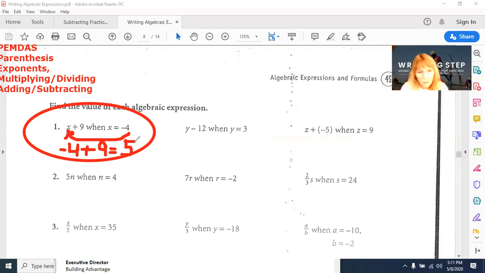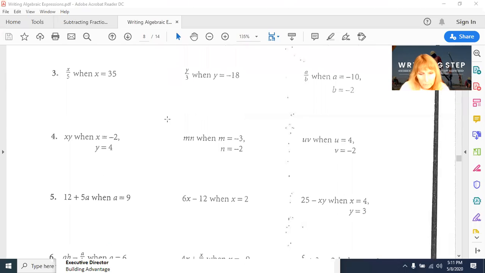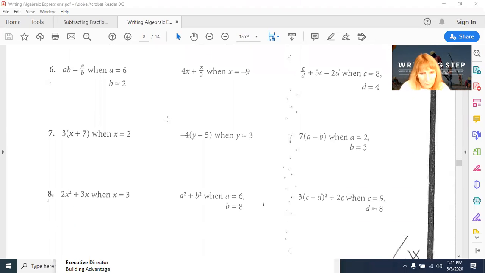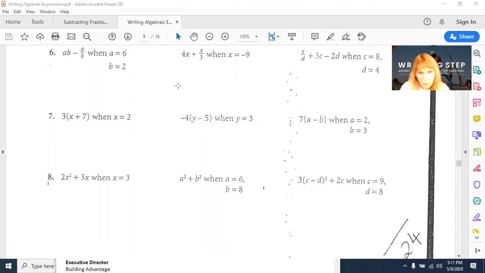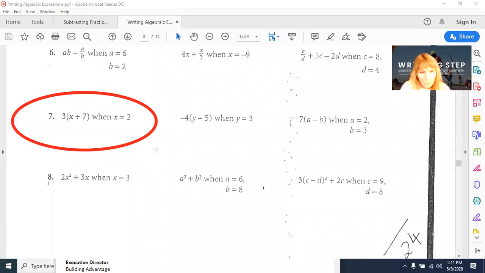That was a very simplified one where we didn't have to really use the PEMDAS. But let's try number 7 where we start getting into some of that. Okay, this whole row is number 7. Let's look at this one right here. 3 times the quantity x plus 7, what does it equal when x equals 2? So we're going to have to plug in x equals 2 for x right here.